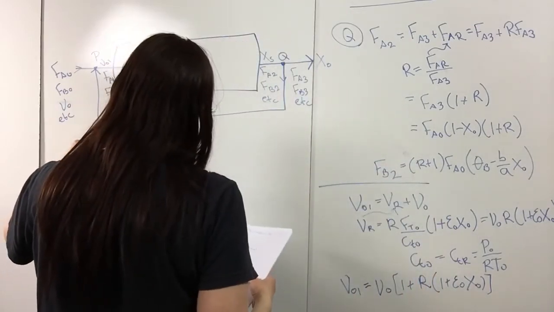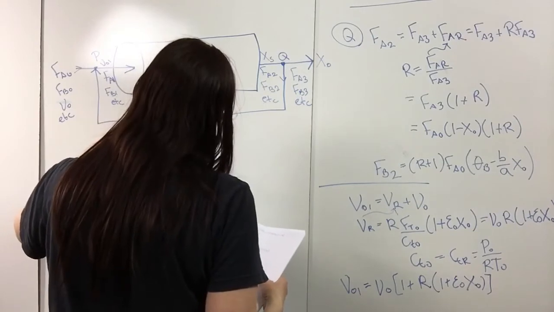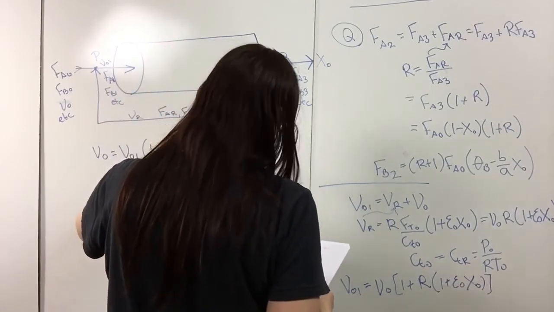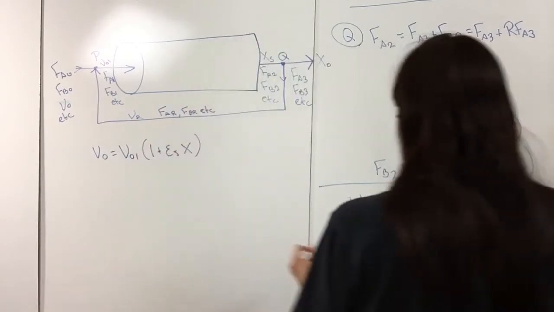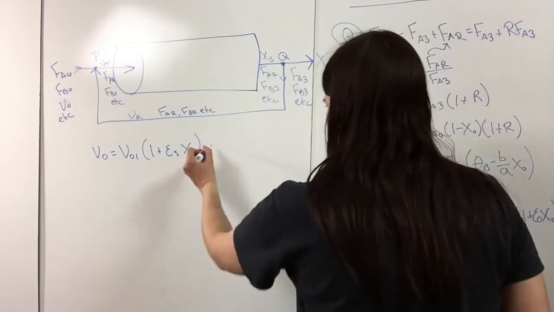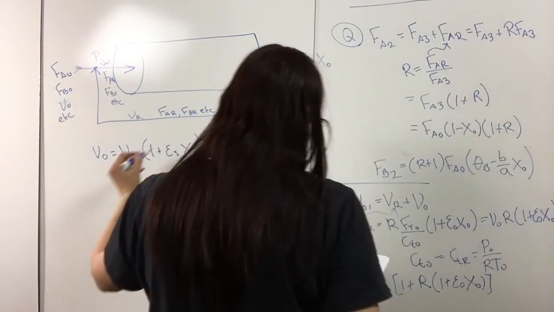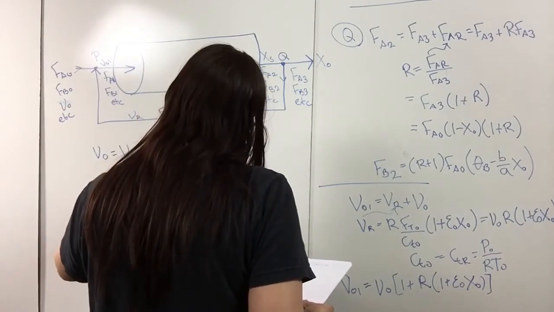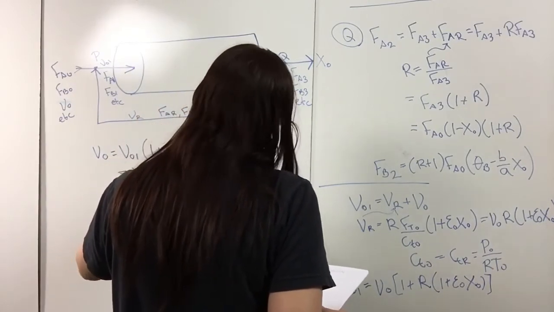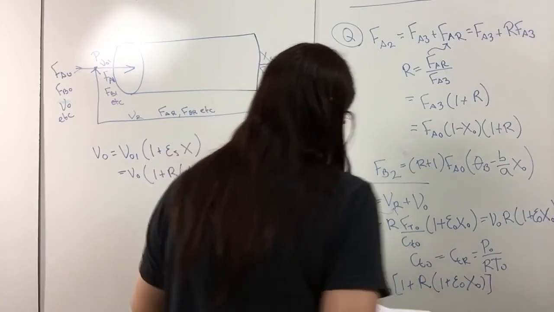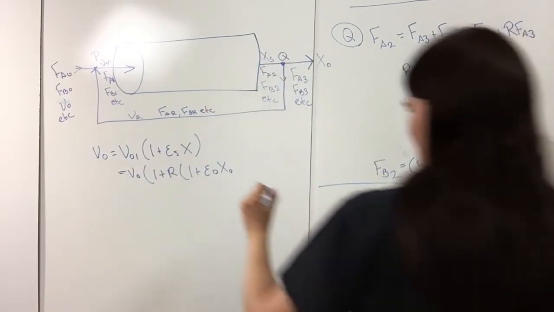So V naught is equal to V naught 1 plus epsilon S X. And then we can plug this in for V naught 1. So if we do that, we get this is equal to V naught 1 plus R 1 plus epsilon naught X naught. So I'm just plugging this in.